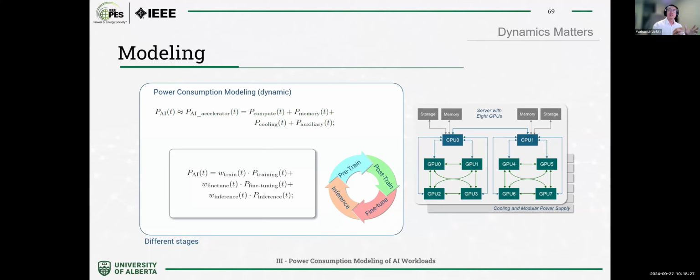For fine tuning, it really depends on the data that you want to learn or relearn. For inference, it's really related to user behavior, so we consider that part quite stochastic. Even in training, if we remember the case of Meta, there were a lot of unplanned stops and unplanned interruptions.